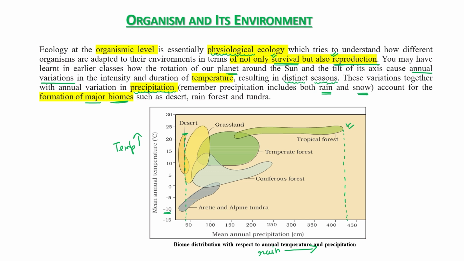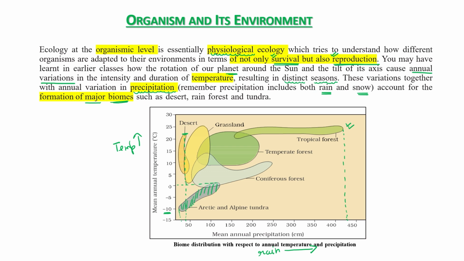If the area is adapted for negative temperature and minimum rainfall, or the maximum temperature over here is only 0 or near 0, so minimum rainfall or minimum snowfall and temperature also very low, that area is known as Arctic and Alpine tundra.